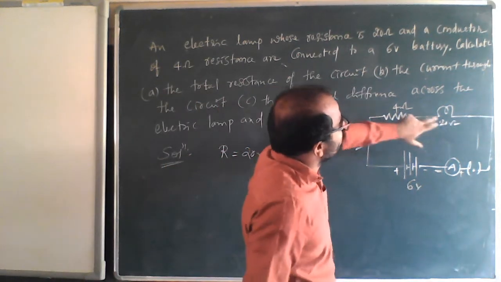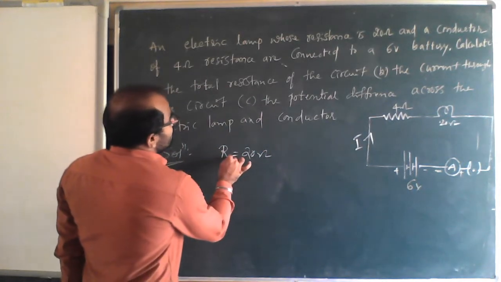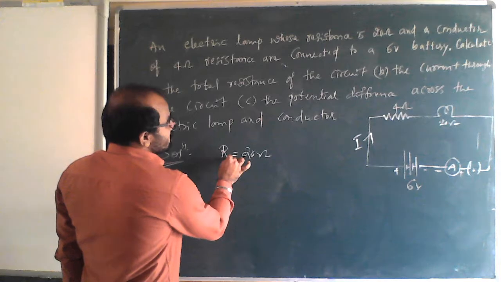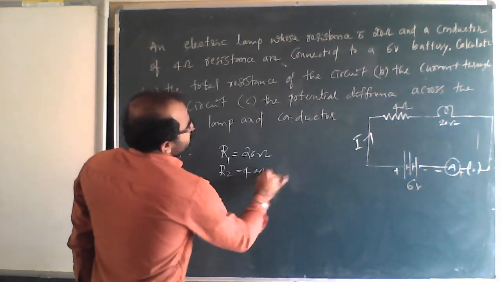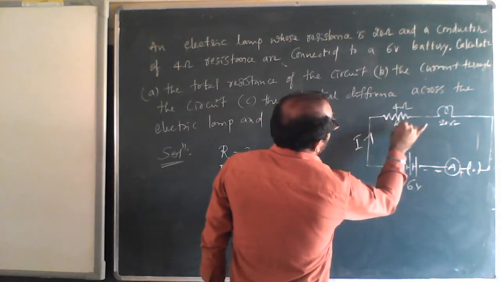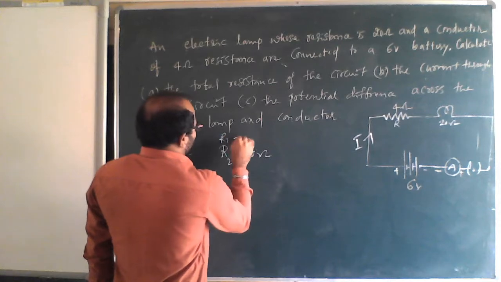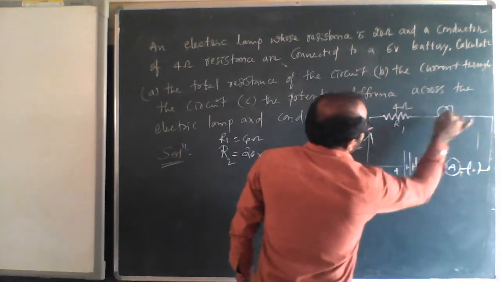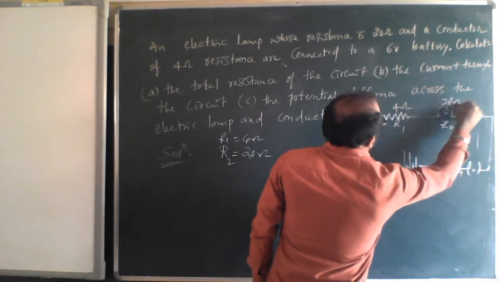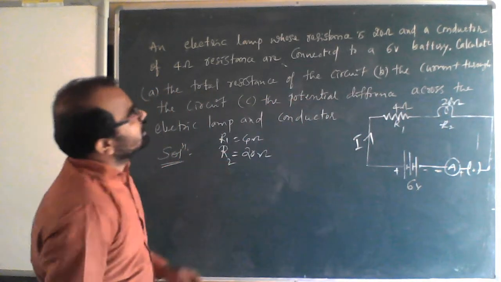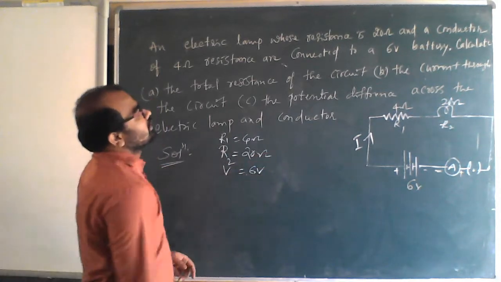So this is 4 ohm, this is 20 ohm. Let this be R1, which is 4, and this be R2, which is 20. Now see here, connected to a 6 volt battery. Potential difference is 6 volt.